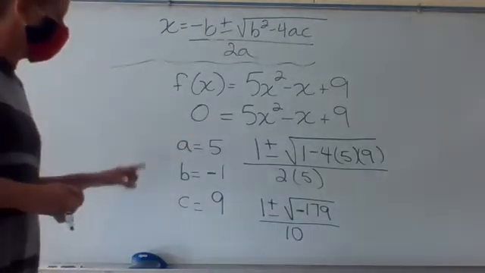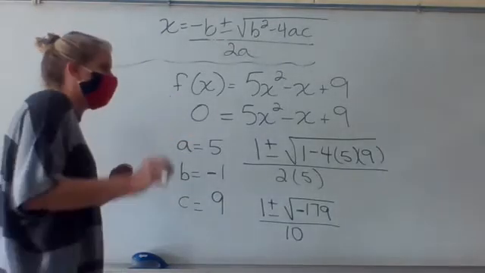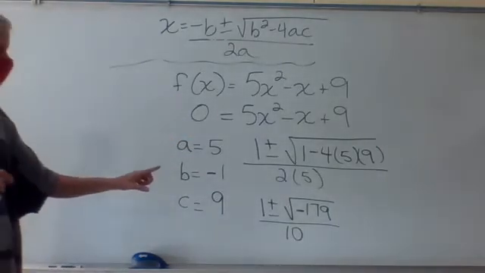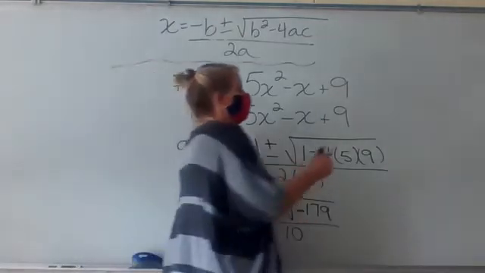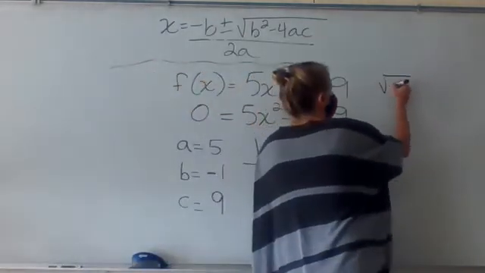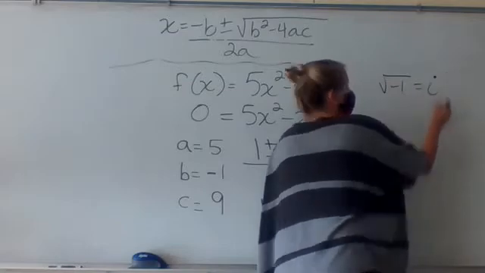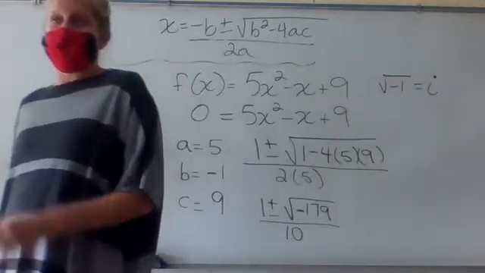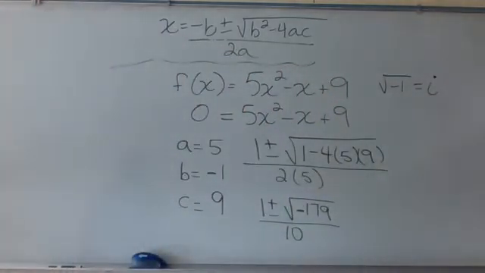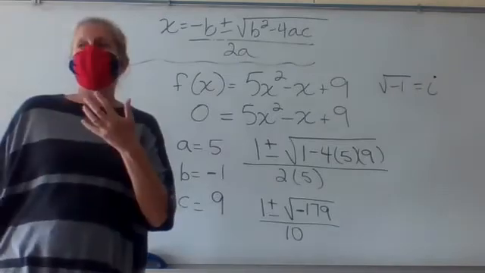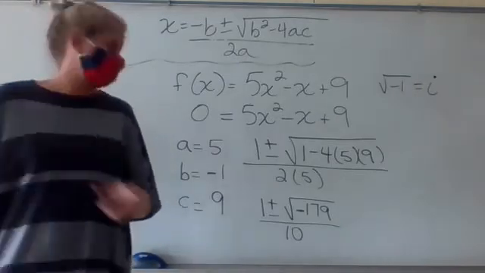Okay, the way that you can write this without writing the negative underneath is you're taking out the square root of negative 1. The square root of negative 1 is equal to I. So it's like you're factoring out the negative. You're pulling out the negative, or in other words, you're pulling out the I from that square root.